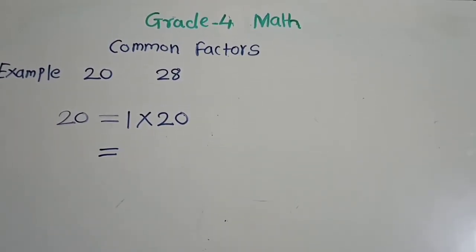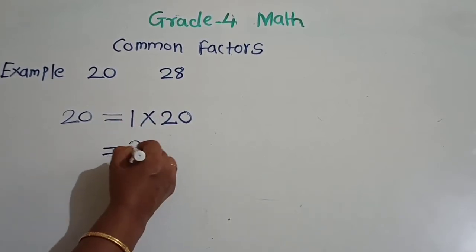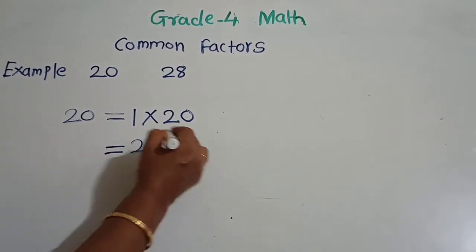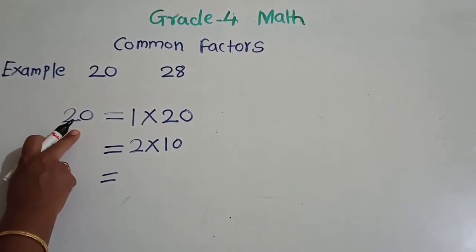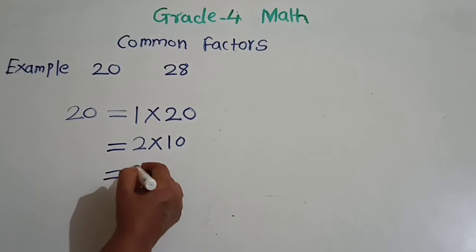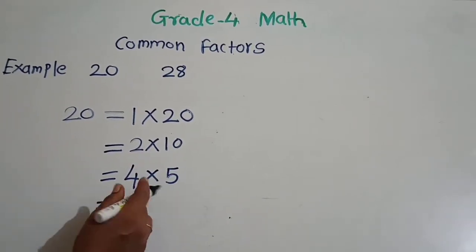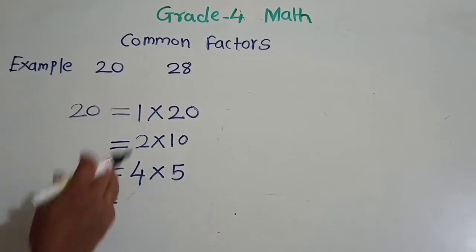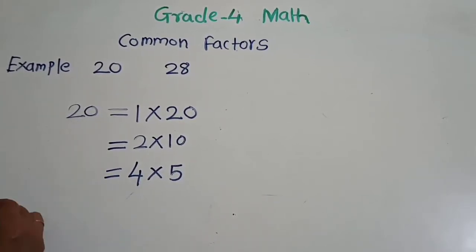Okay children, now 1 multiplied by 20. Now 2, you know 2 tens are 20. Then 3, no, 20 is not there in 3's table. So 4, yes, 4 fives are 20. And then again 5 fours are 20, means it repeats. These are the factors.